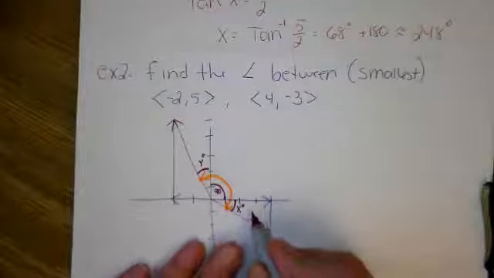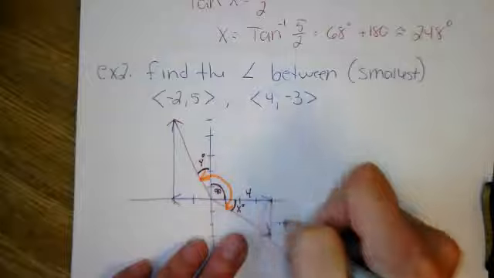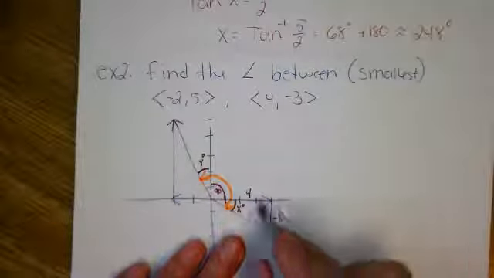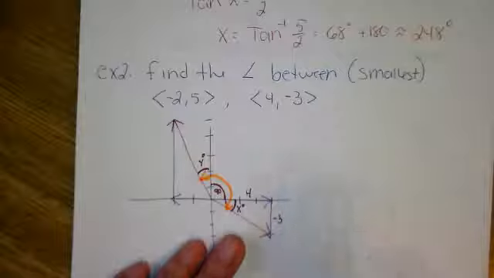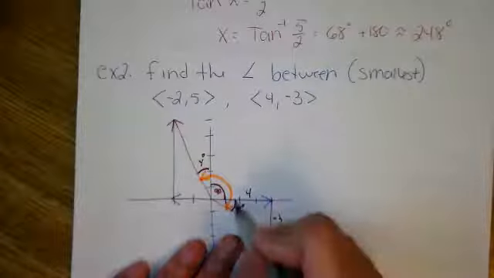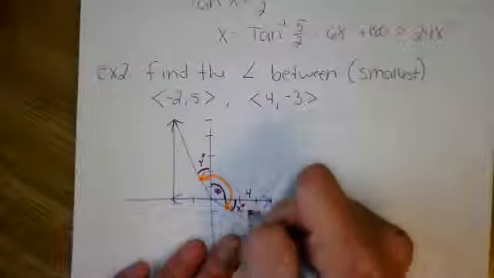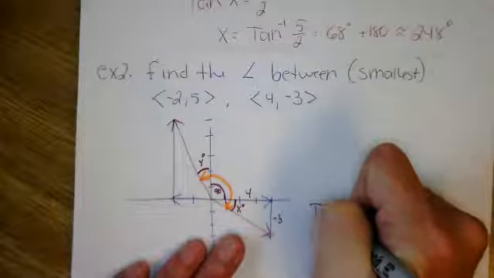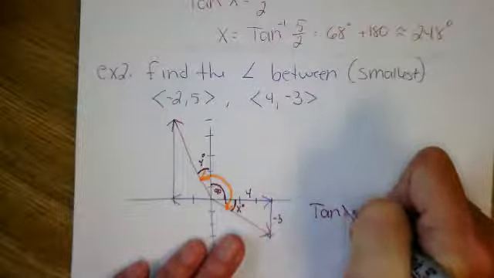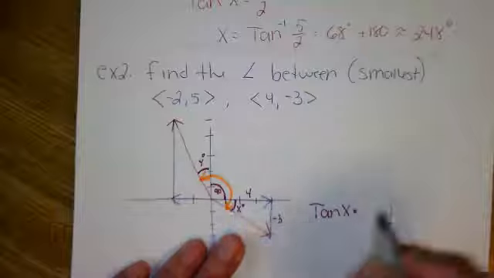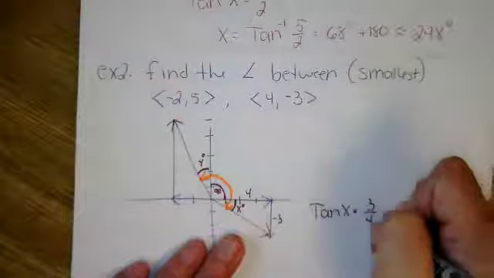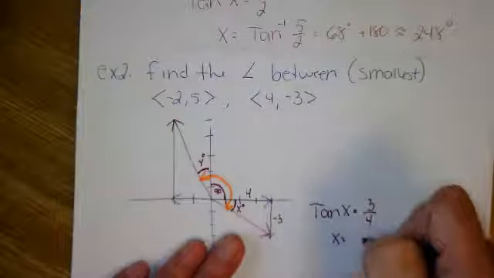So let's start down here with this triangle. This was a 4 and a -3. And again, I don't care, when I do my SOHCAHTOA stuff, I'm just working with right triangles. I don't care about that negative, because I do just want the little acute angle here. So again, that's going to be opposite and adjacent, so that's a tan. So the tan of X, so opposite is the 3, adjacent is the 4, and then it's inverse tan.